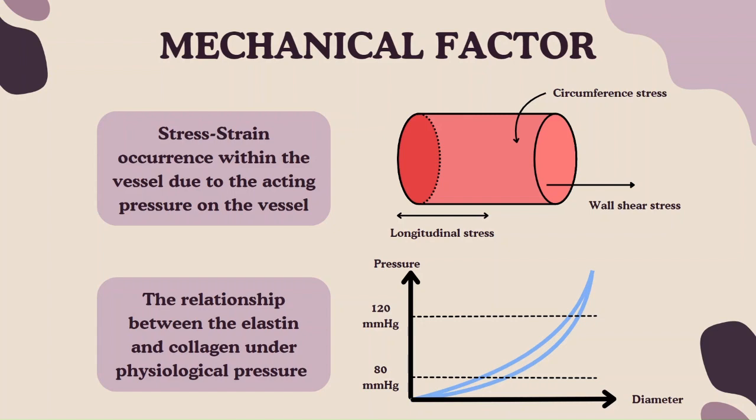As for the collagen, if it goes beyond the physiological pressure range, the collagen will try to keep the structure without any further expansions, and the stress that it can undergo is much higher, at 120 megapascal for collagen.